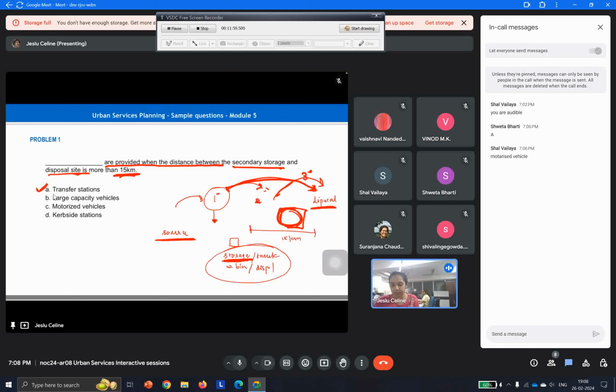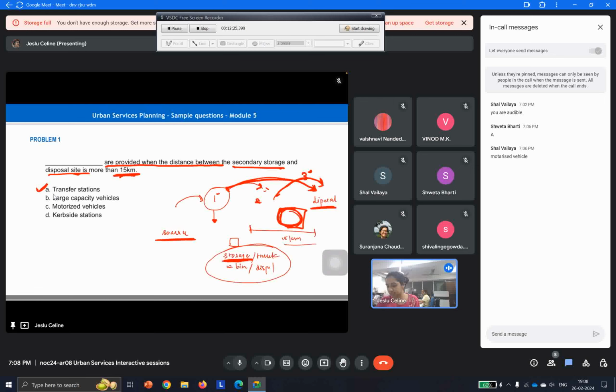From here, when you collect, it becomes a tertiary collection system. Now, this 15 kilometers is a very general rule that we follow, and it's not a hard and fast rule. It's not like for every 15 kilometers we need to give another transfer station. There are several other factors which are considered while deciding whether a transfer station is to be implemented or not.